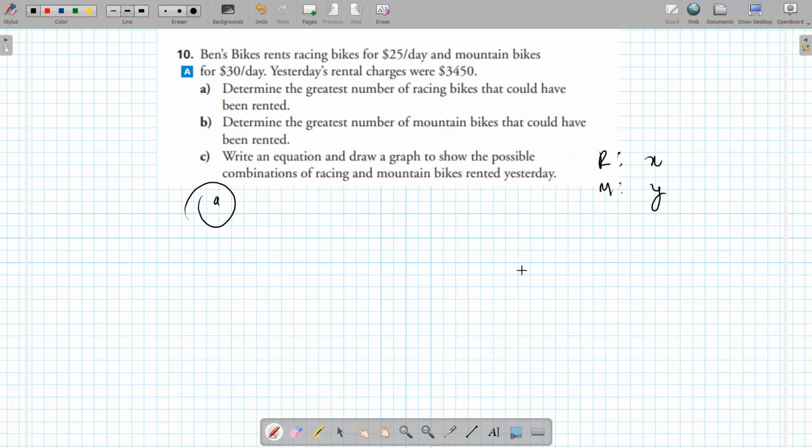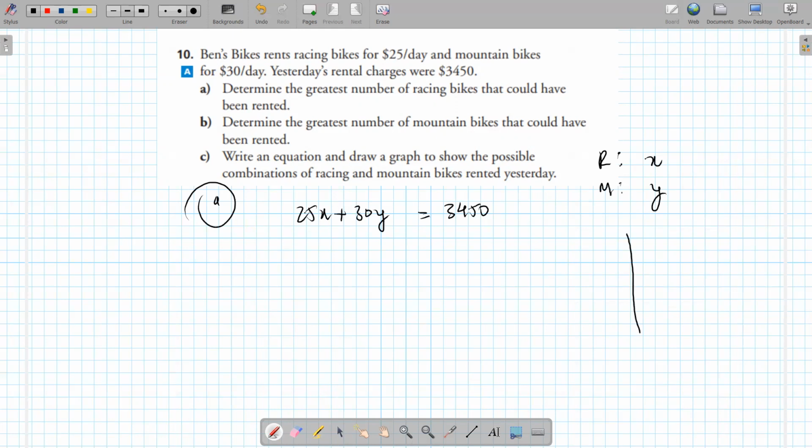It's going to be something x plus something y equals 3450. 25x plus 30y. Yeah. 25x plus 30y is going to equal 3450, like that.